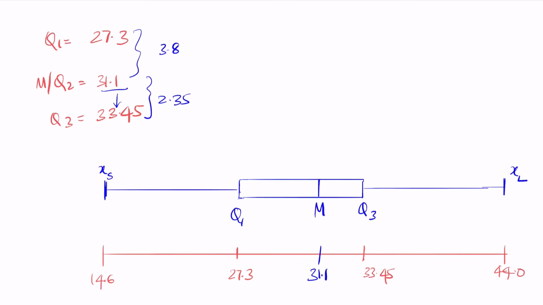So one interesting characteristic of this is that the width of the rectangle actually represents the interquartile range. So this here is an example of a general box plot and how you draw it.